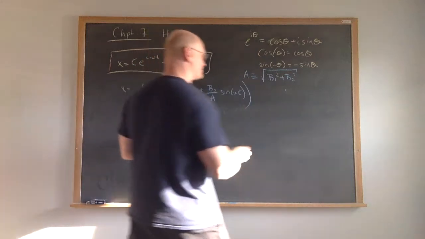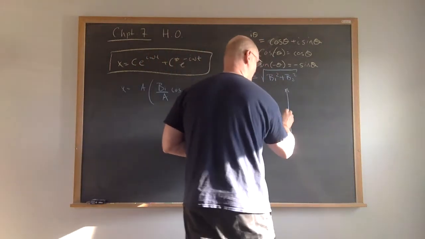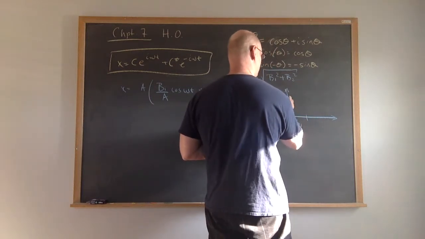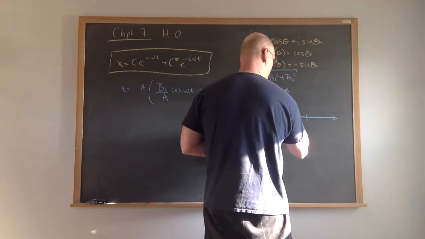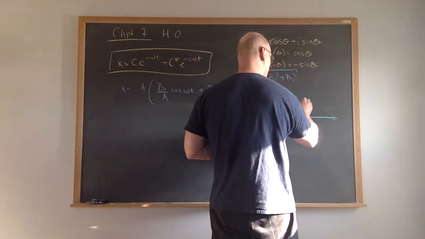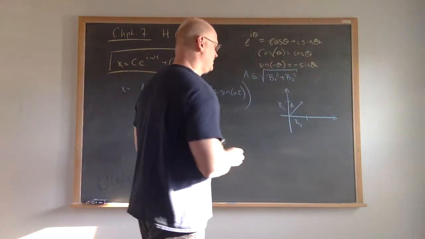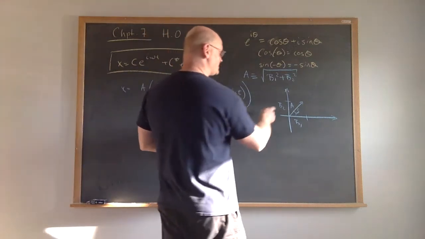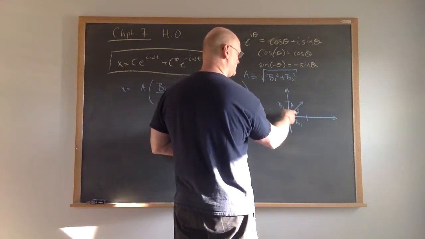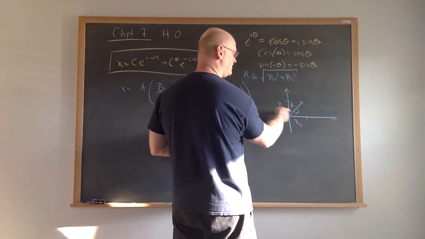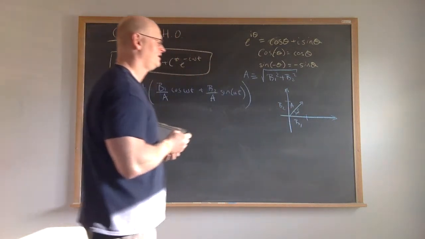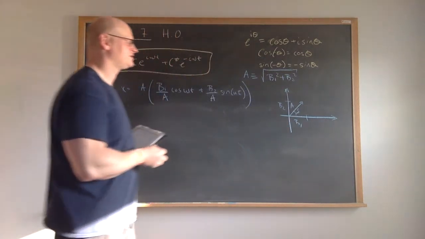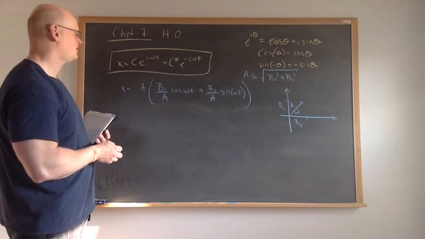But again, if I think about this in the complex plane, this is b1, this is b2, and a is the magnitude of this vector right here. Now, if we introduce this new angle delta, then we can see that b2 is the same thing as a times sine of delta, and b1 is the same thing as a times cosine of delta.